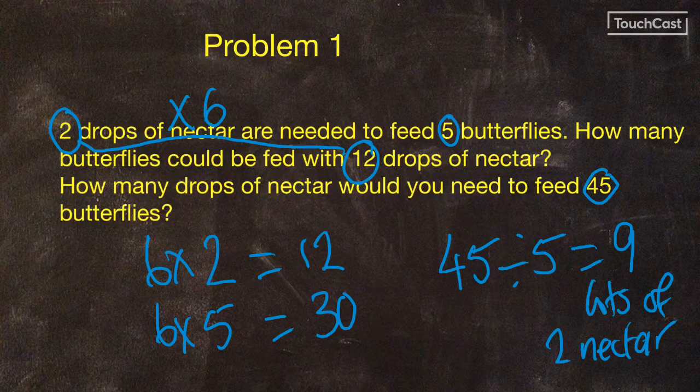Okay, and so 9 times 2 is 18 drops of nectar. So that's another way that you could have used multiplication to solve that.